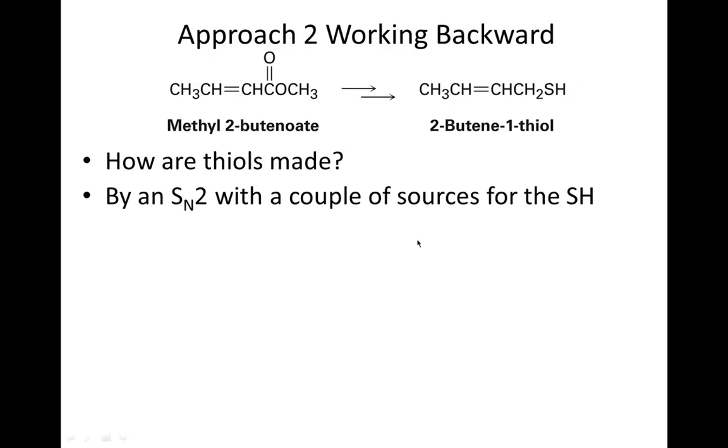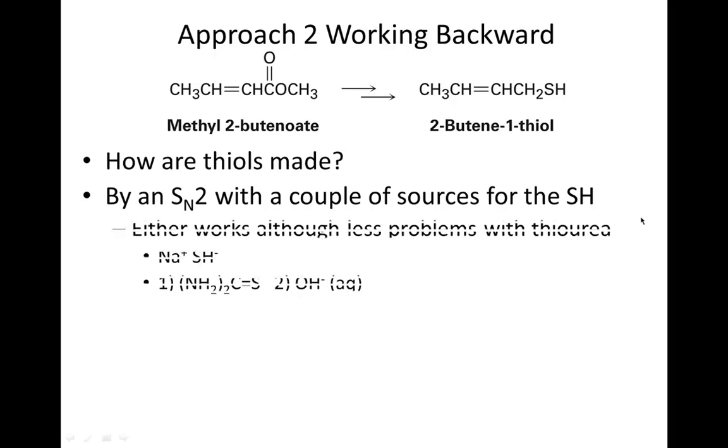So we need to think about what would be the precursor to the thiol and what we want to use for the source of the sulfur. So we learned that you could use excess sodium bisulfide, and you could also use the thiourea route. And either one of these is technically okay, although this one sometimes has problems with side reactions of extra groups going onto the sulfur.